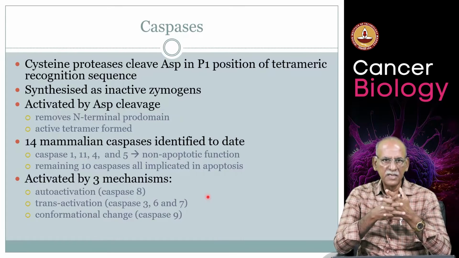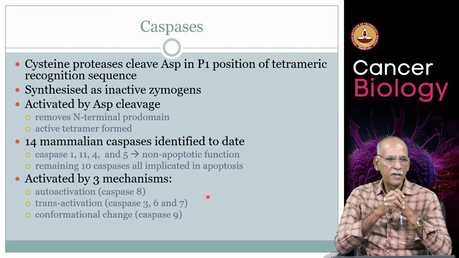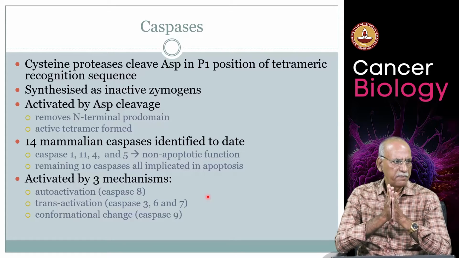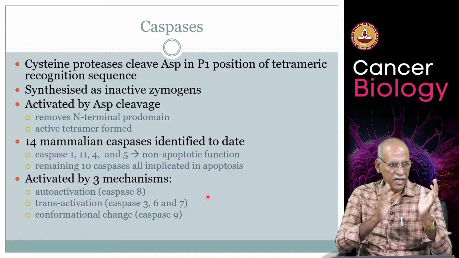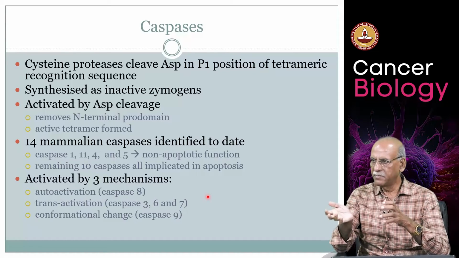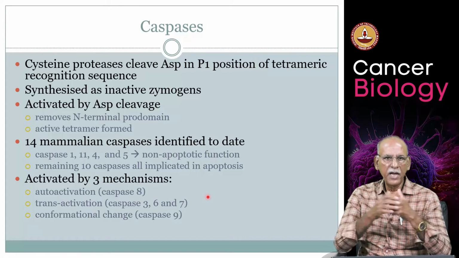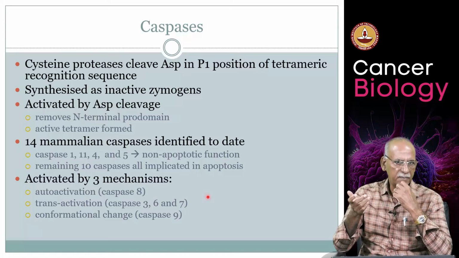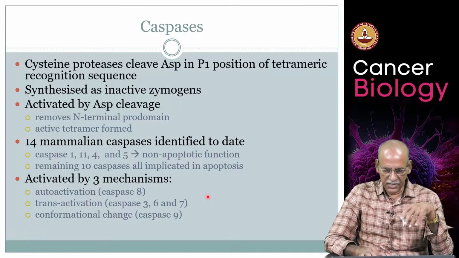So, 3, 6 and 7 can be activated like that. And finally, there can be a simple conformational change. So, there are basically about 3 mechanisms by which caspases can be activated. Usually, they are in the inactive form and they are activated by proteolytic cleavage, by trans activation, where one caspase activates another, and through conformational change. So, these are the mechanisms.